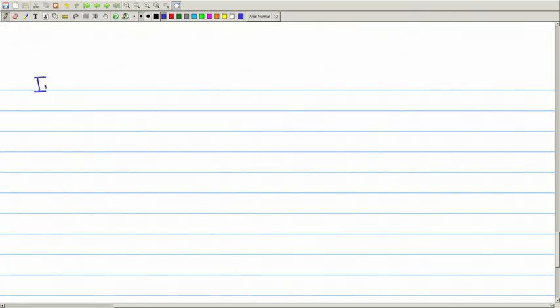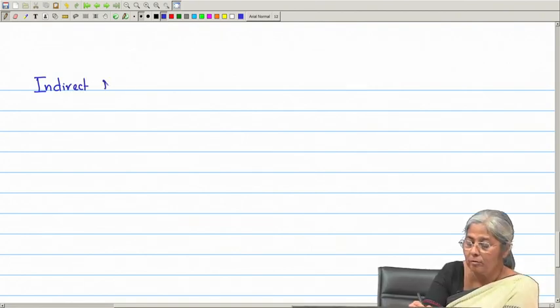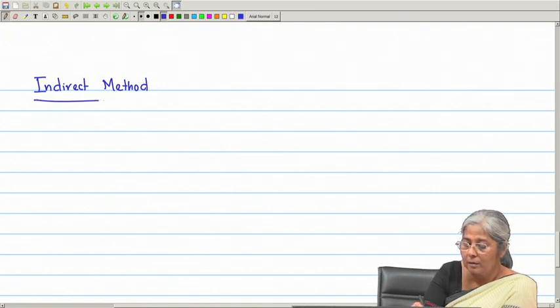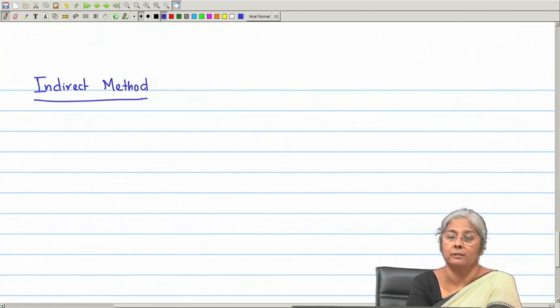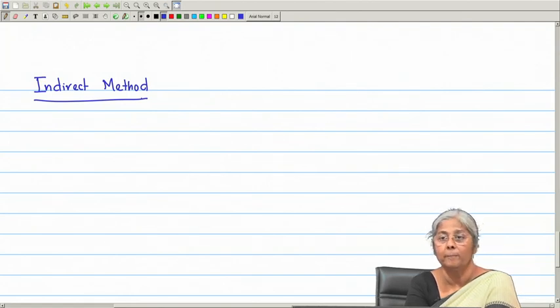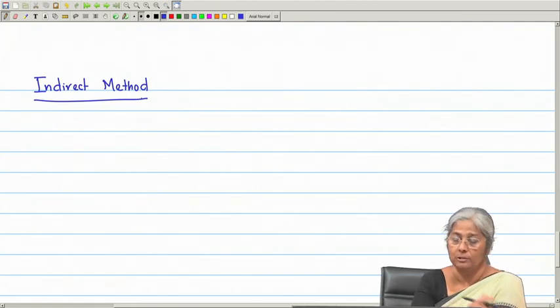Normally, it is some proof we do by the method of contradiction, which we have read in the study of logic.